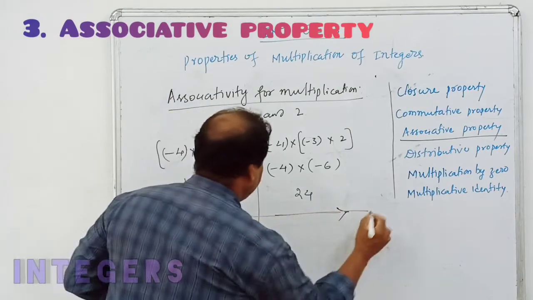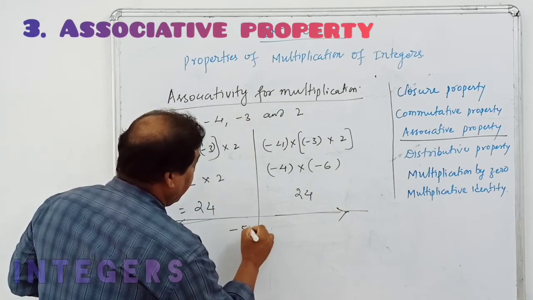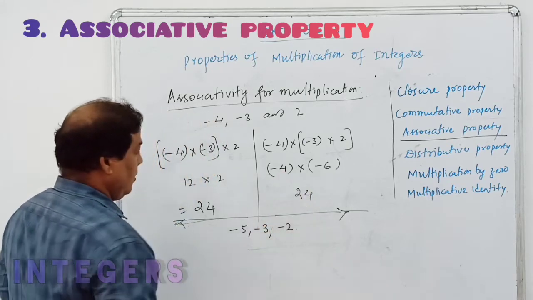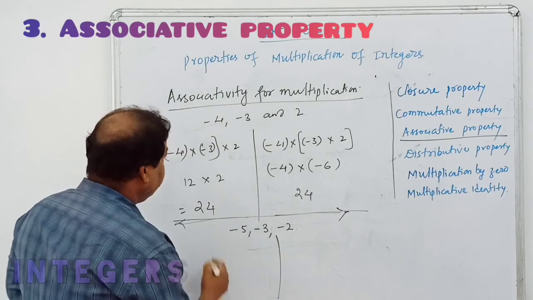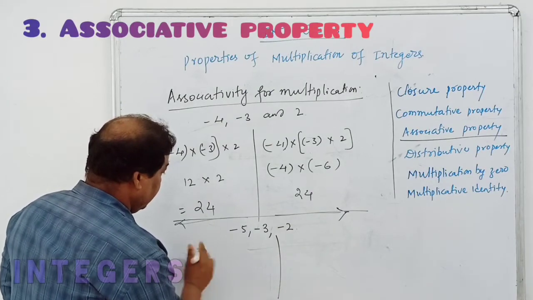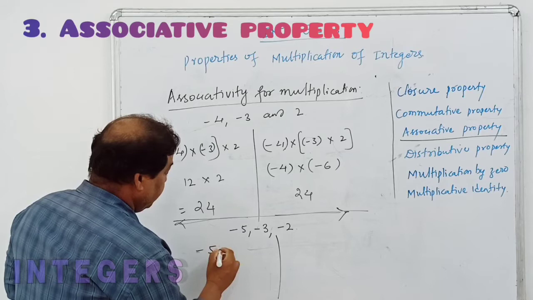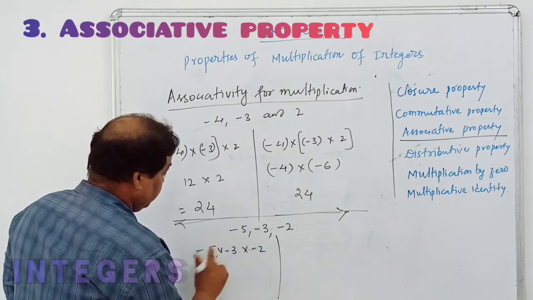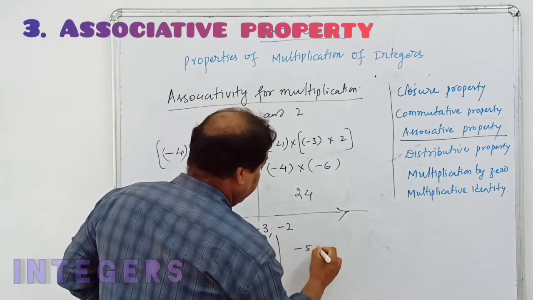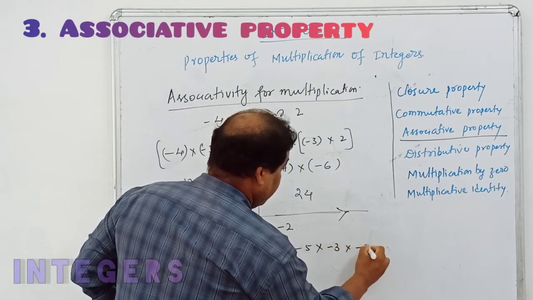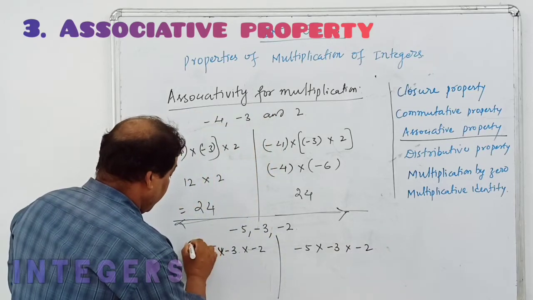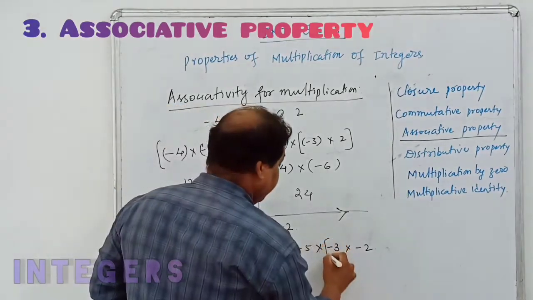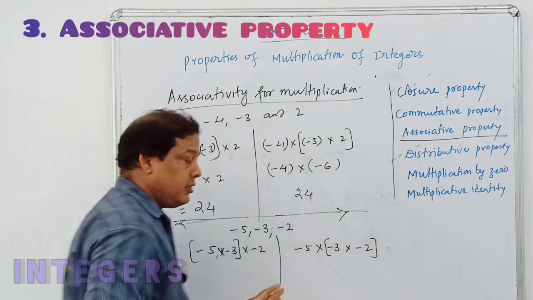Let us take one more example: minus 5, minus 3, and minus 2. You have to make it in two cases. In the first case, minus 5 multiplied with minus 3, then minus 2. Minus 5 and minus 3 you keep in one group, and minus 3 and minus 2 in the other group.